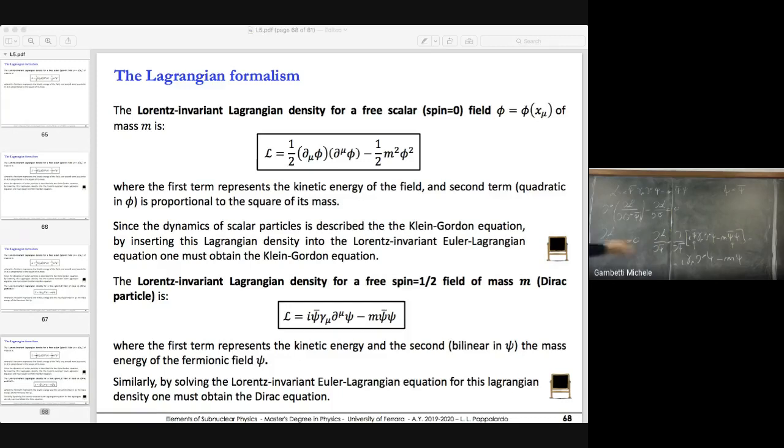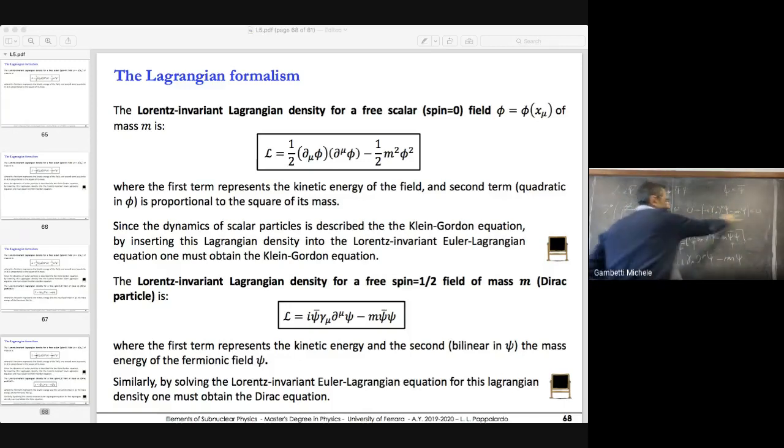Now we substitute into our equation. This term is 0, and we only have this one with opposite sign. So we have 0 minus (i γ^μ ∂_μ ψ minus m ψ), and this has to be equal to 0.